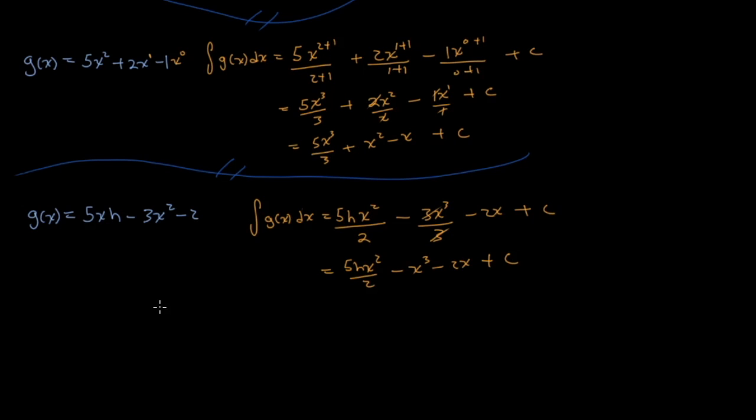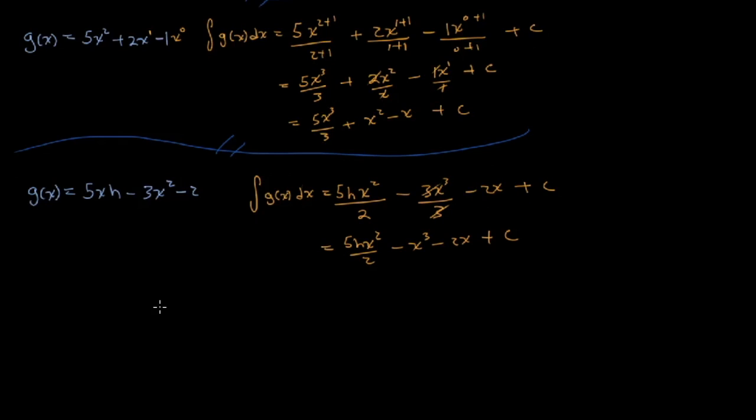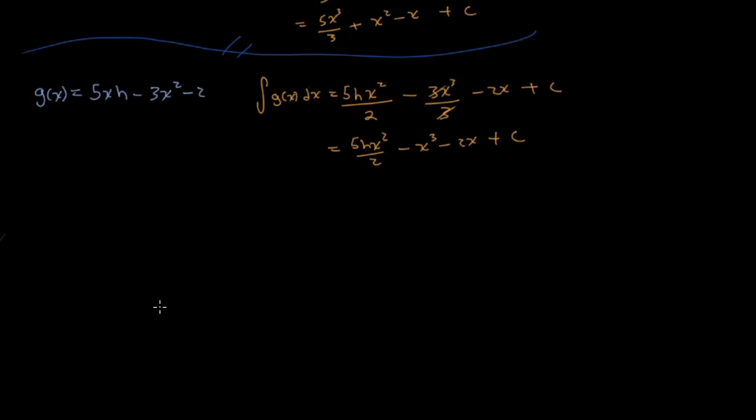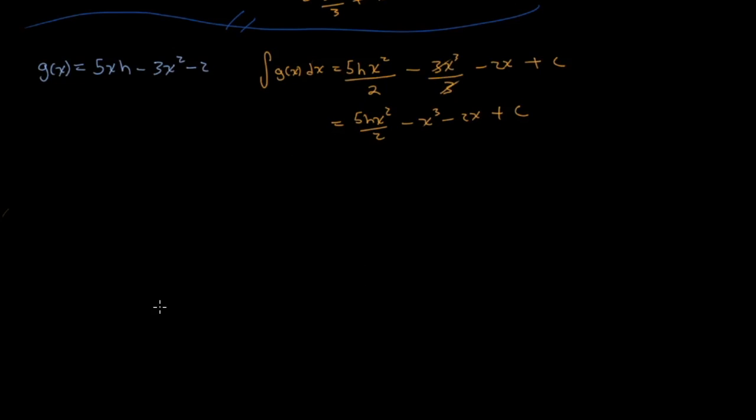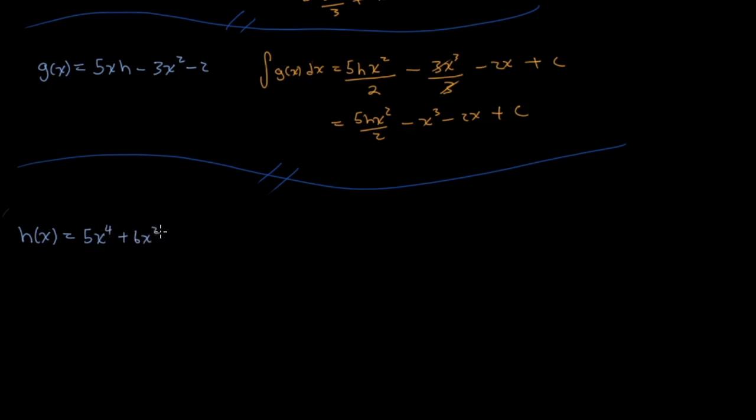Now let's do one last example here. Let's say we're given a function h at x, we'll call it. h at x is equal to 5x to the power of 4 plus 6x squared.